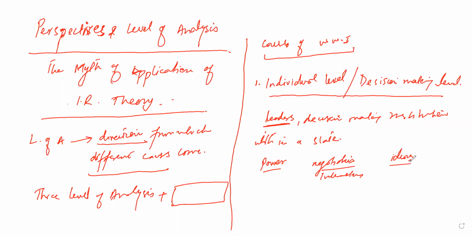But one thing we are clear about, that at the individual level, or the decision making level, we are going to study leaders or the decision making institutions. We are not clear about how they are thinking. For that purpose, we need something else. That's why I initially said that level of analysis cannot work in isolation.